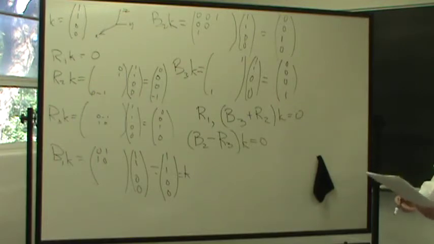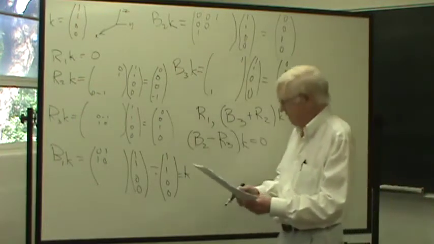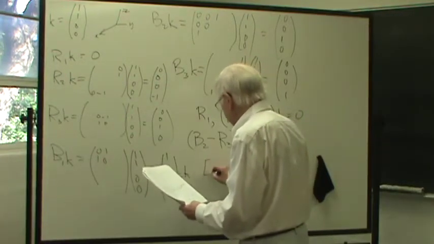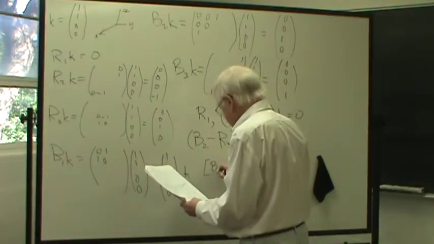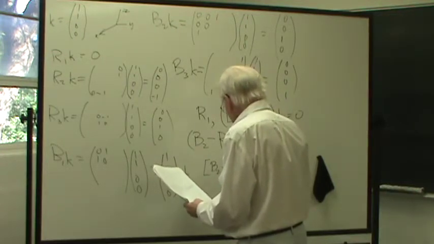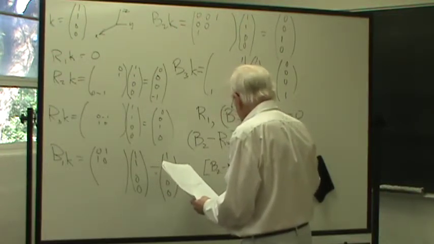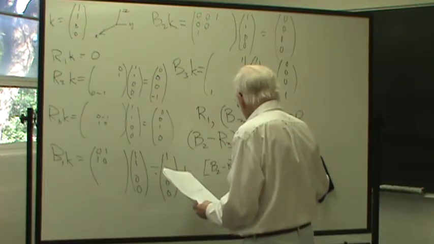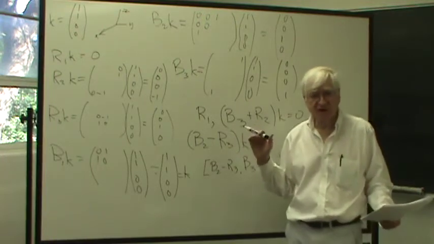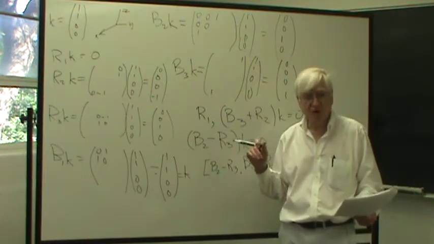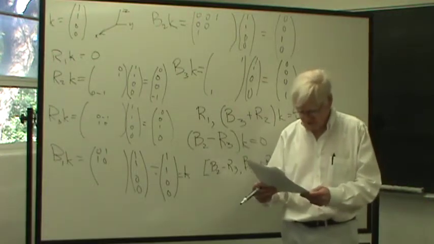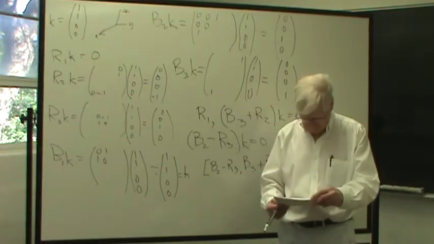So what are the commutation relations of these generators? Well, it turns out that B2 minus R3 commutes with B3 plus R2. You can check this, because remember, we wrote down what the commutation relations were for all the generators last week. In fact, maybe I'll review some of this later.